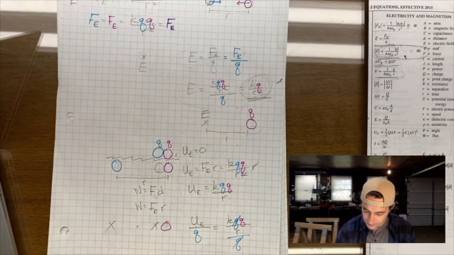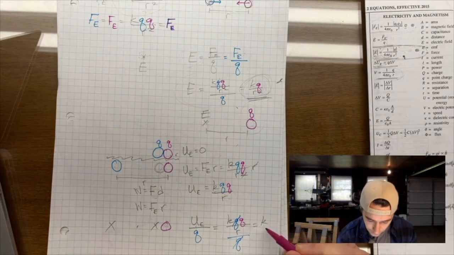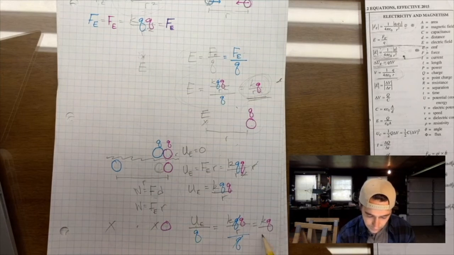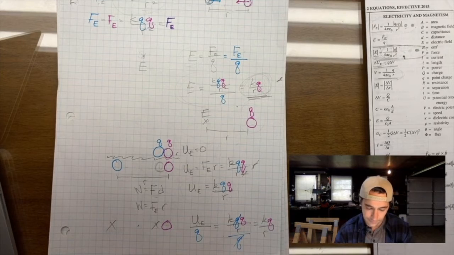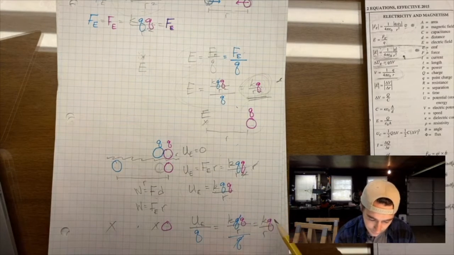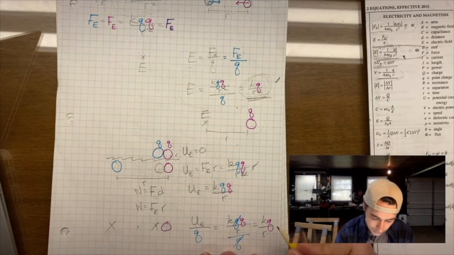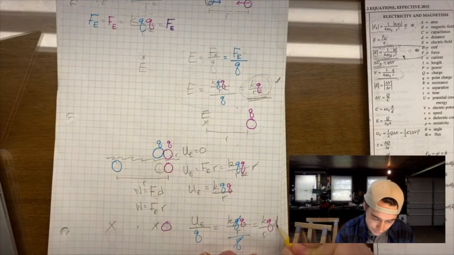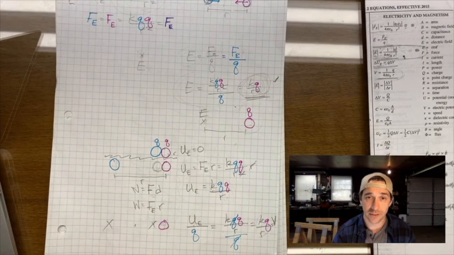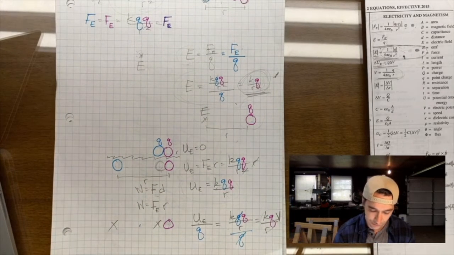And we end up with K Q all over R. And this is, by definition, what we call, sorry, not potential energy, electric potential. This is our electric potential.